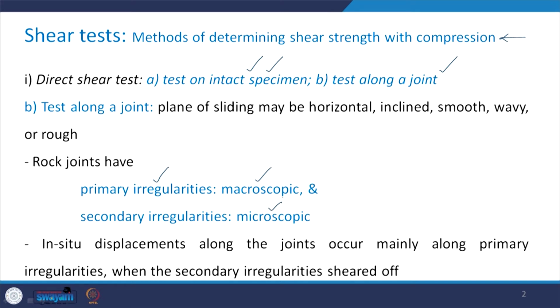In situ displacements occur along the joint, mainly along the primary irregularities, while these secondary irregularities get sheared off during the process of testing.